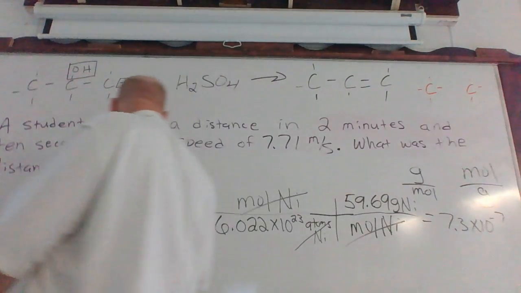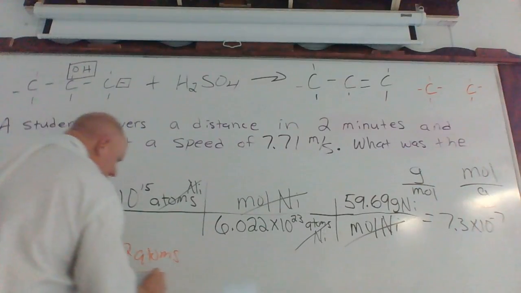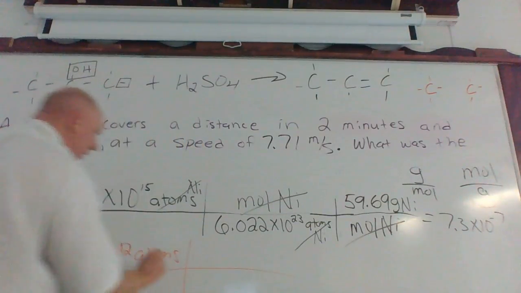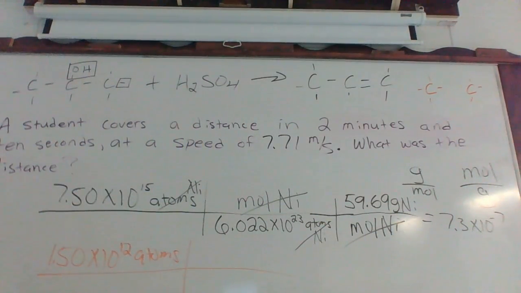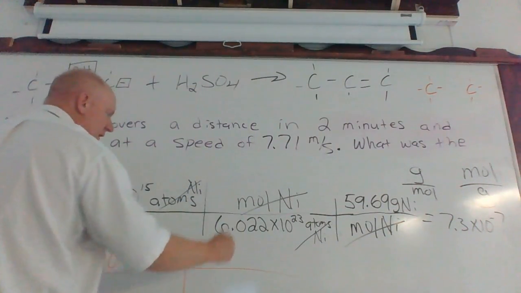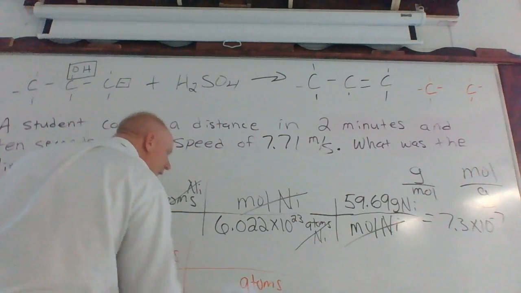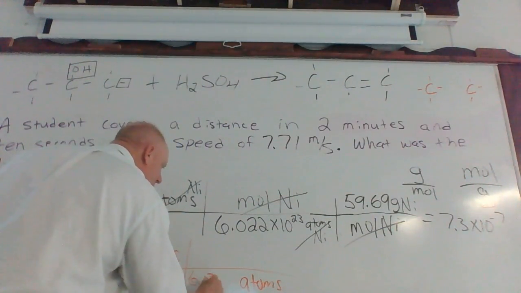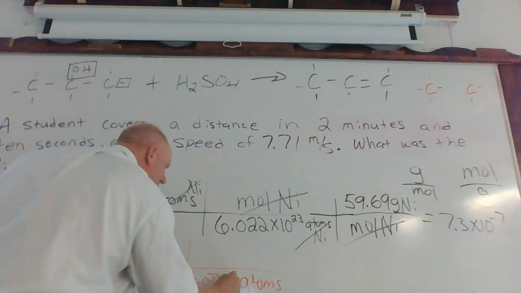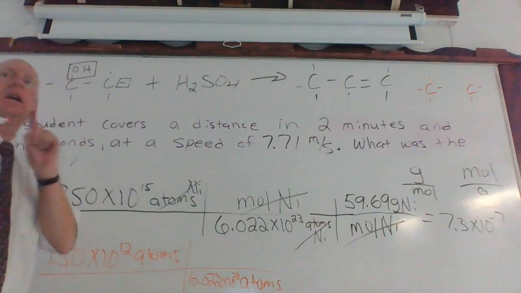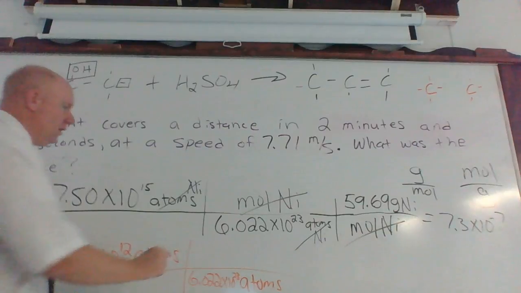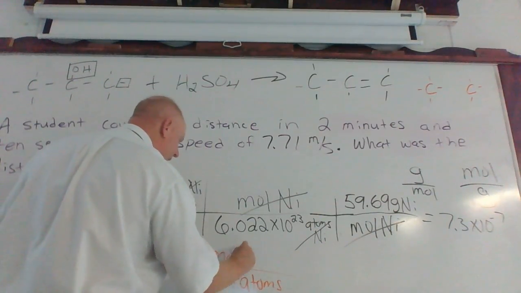So how do we cancel out the atoms in the second step? Do we see some of the similarities here? For every Avogadro's number of atoms, you get one what? One mole. So this would be moles of lead.